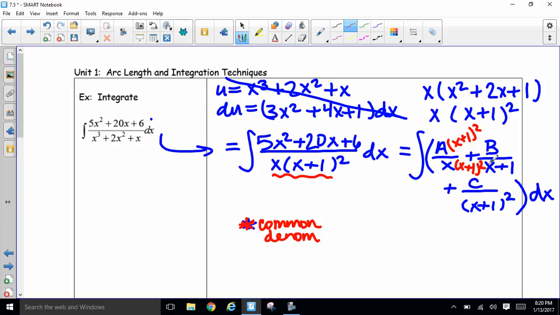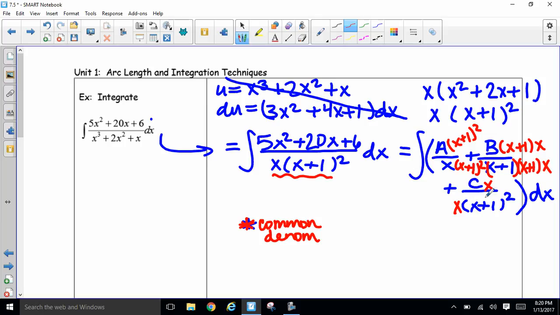The second part is missing one of the x plus 1s to make it a quantity squared, and it's also missing the x part. Probably should have put that x part first. It's a little nicer, but that's okay. And then the C fraction, the last fraction, is just missing the x to get a common denominator.